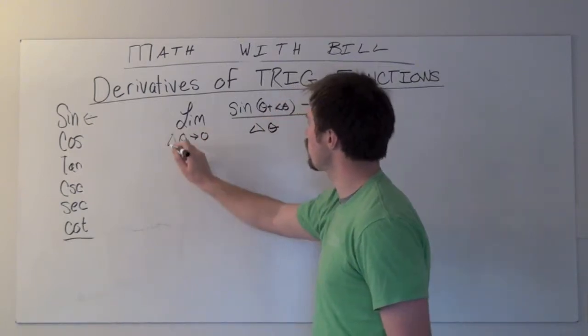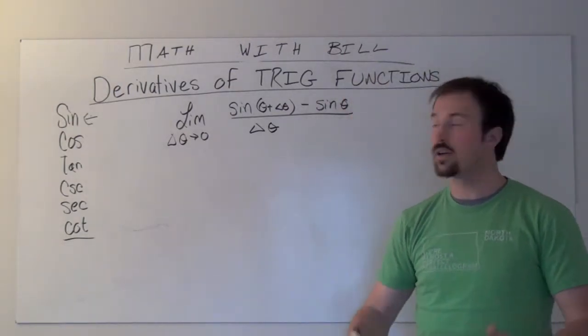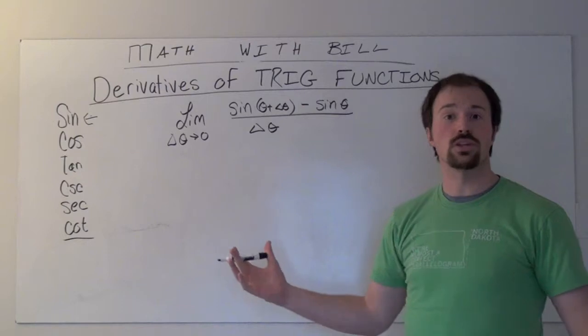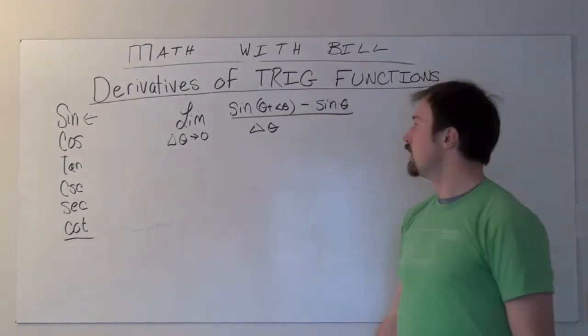That's your basic difference quotient, which is the basis of all of our derivatives. We're doing a longhand form here.